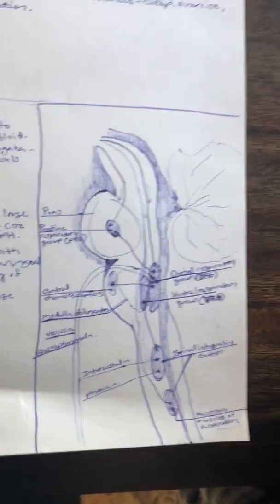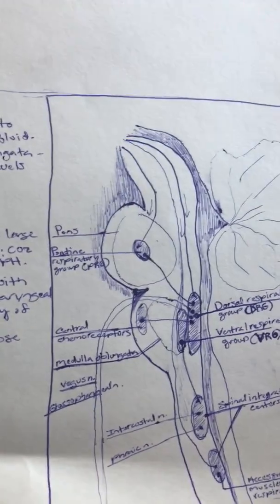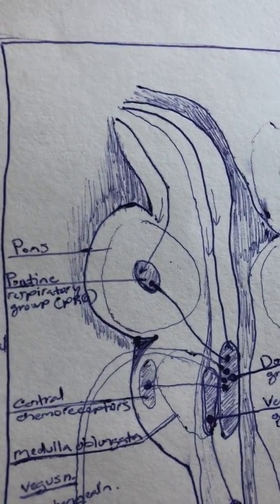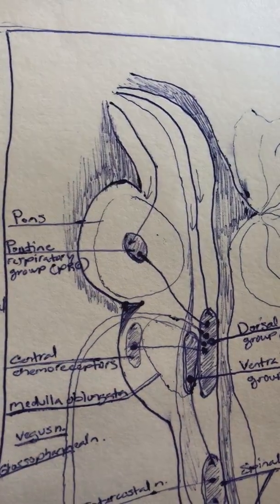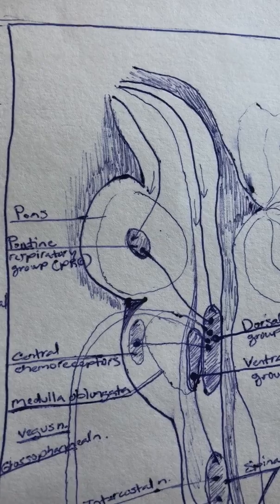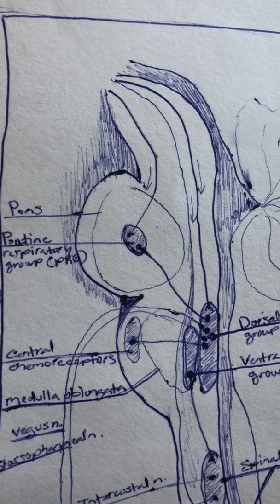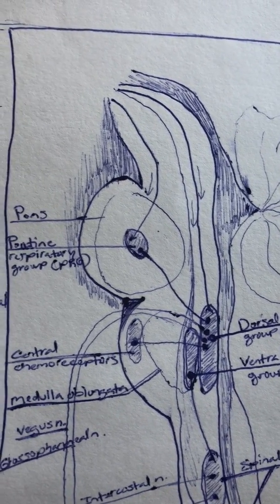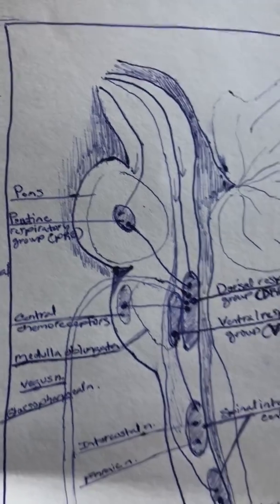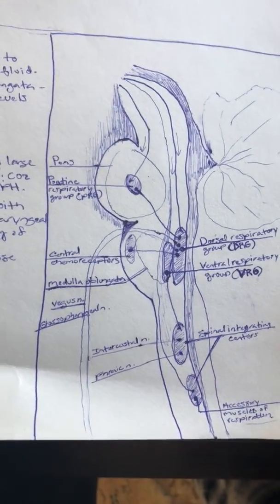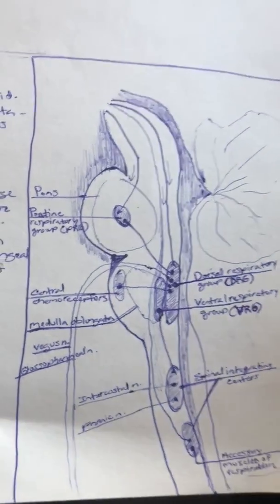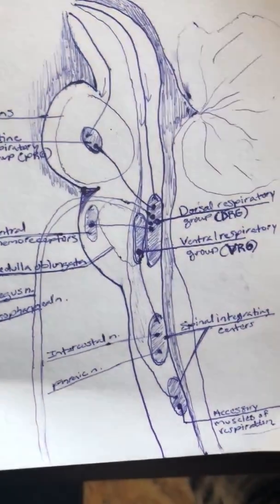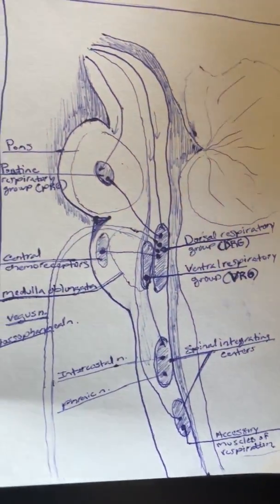The pontine group is going to help these. It's going to communicate with higher brain centers and the peripheral receptors. Its output fine-tunes the breathing rhythm during activities such as speaking, sleeping, and exercise, to help adapt to various conditions within the respiratory system.